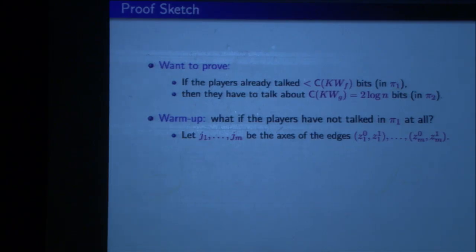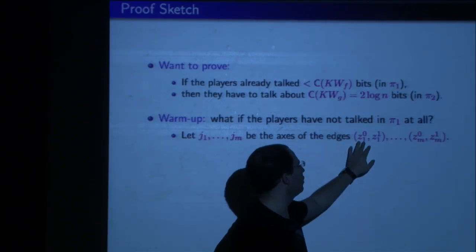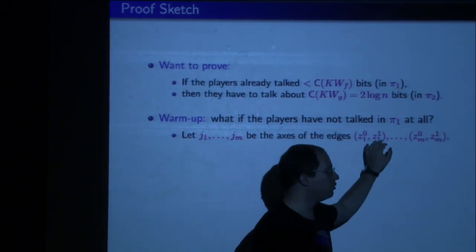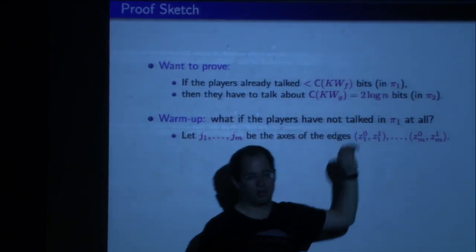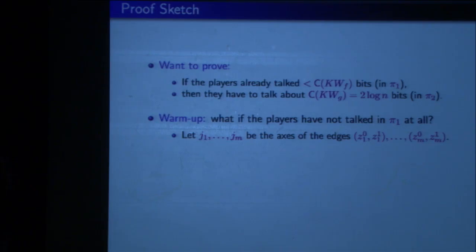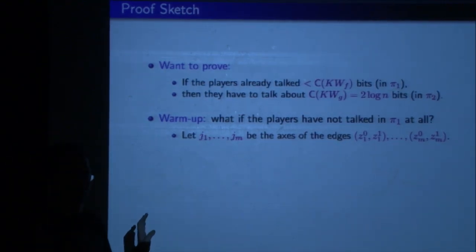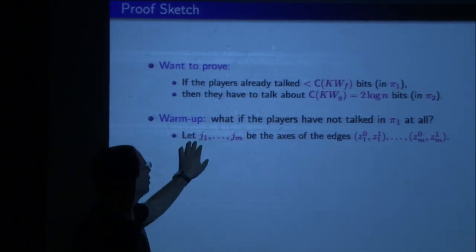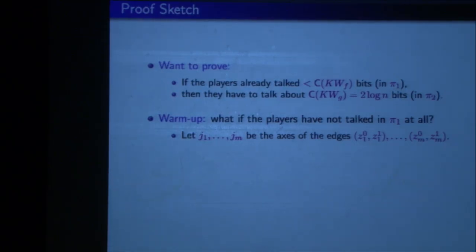Let's recall that we have all those edges, Z10, Z11, Zi0, Zi1, Zm0, Zm1, such that whenever Ai is different than Bi, they get the corresponding edge. Now, they are not always going to see those edges, but whenever Ai is different than Bi, they will see those edges. And let's denote by J1 through Jm the axes of those edges.